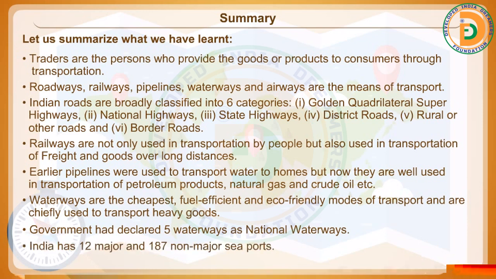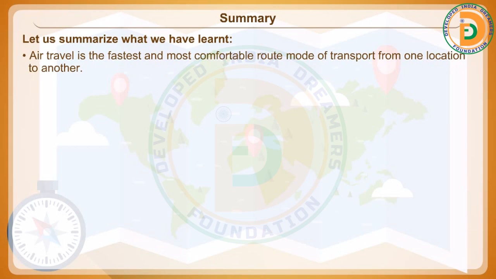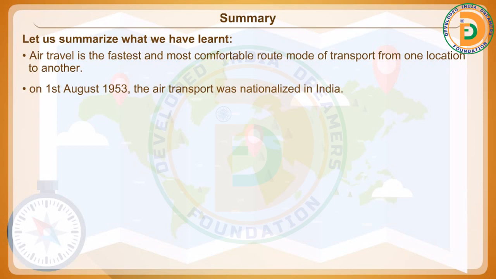India has 12 major and 187 non-major seaports. Air travel is the fastest and most comfortable mode of transport from one location to another. On 1st August 1953, air transport was nationalized in India.